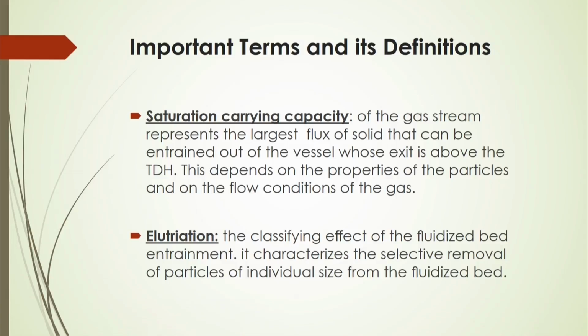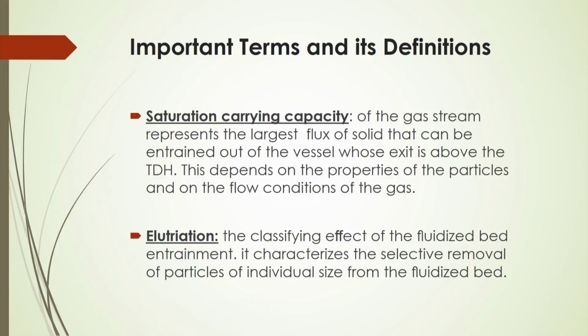Another important parameter is attrition, the classifying effect of the fluidized bed entrainment. It characterizes the selective removal of particles of individual size from the fluidized bed. So saturation carrying capacity and this classifying effect are two important parameters which affect the solid distribution inside the fluidized bed.